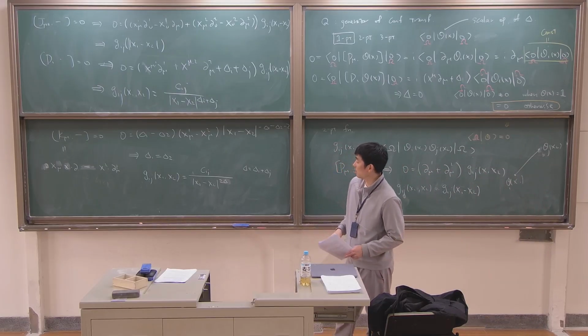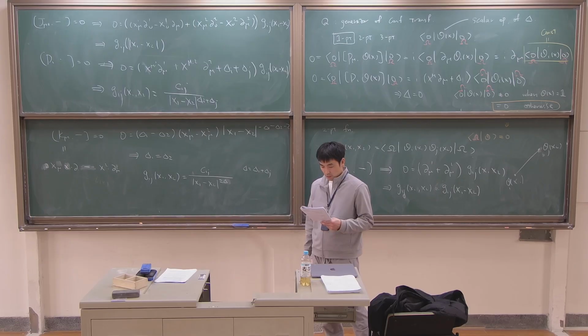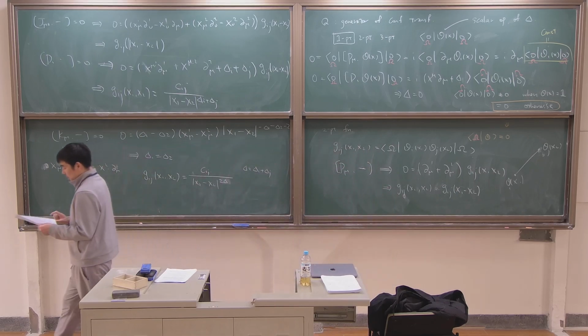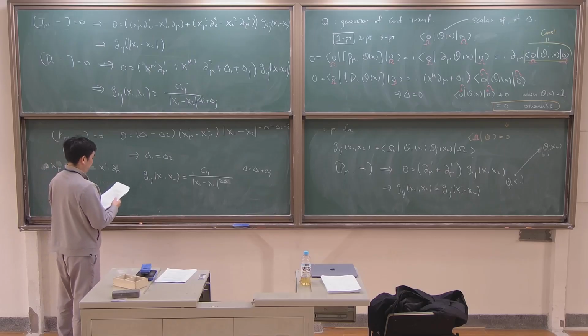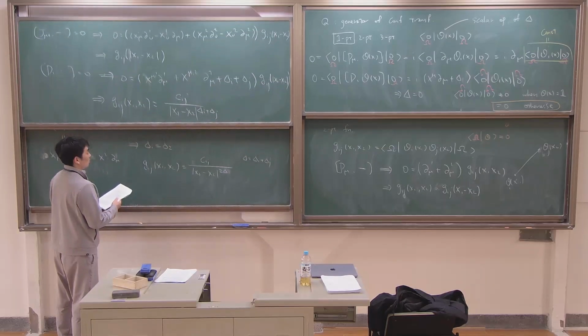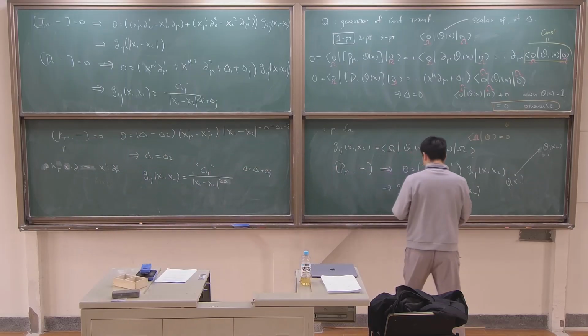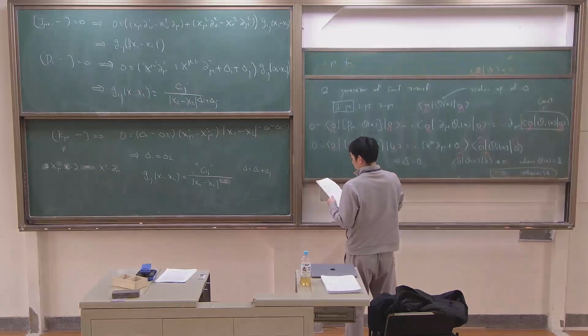Any question at this moment? So this is the consequence of conformal transformation. Any question? So now, what's this quantity, C_ij? What's this quantity, C_ij? So we recall the point.